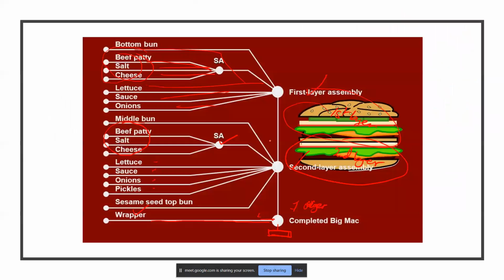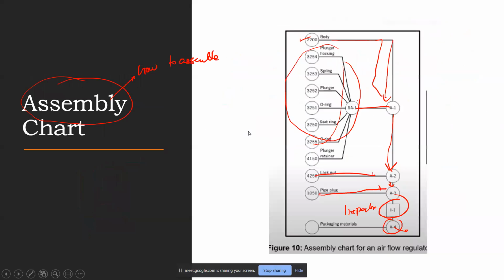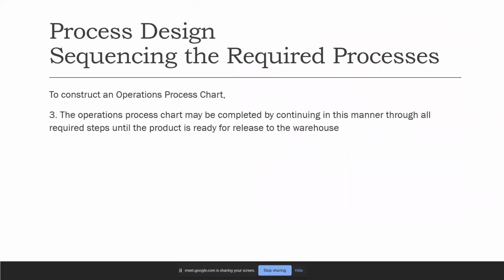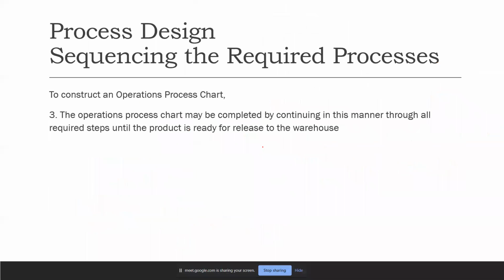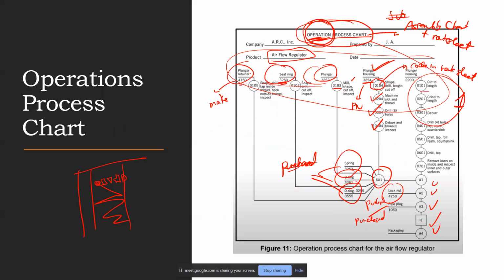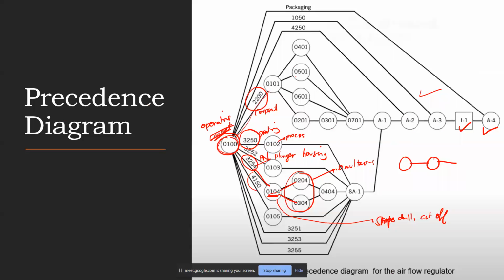Okay. Hindi kasi dapat may kanya siyang route sheet dito. May kanya-kanya yung route sheet. Depende kung ilang component parts yung gagawin mo or ima-manufacture mo. But then it will undergo 0102 process, which is shape, drill, and cut off.